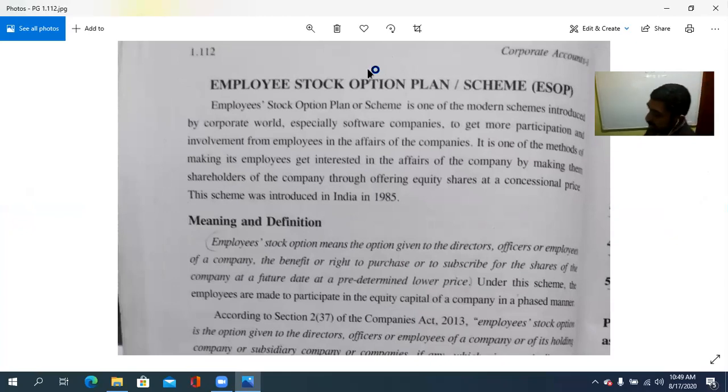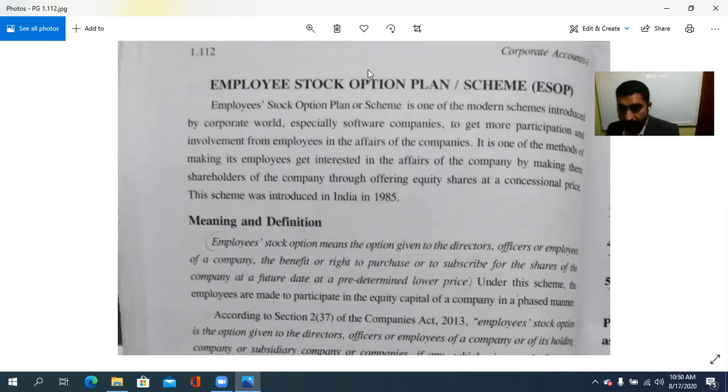In the previous topics, the right issue, the bonus, the buyback, everything is given to the outside people or the shareholders, while this is for the employees themselves, to involve employees more in the concern.